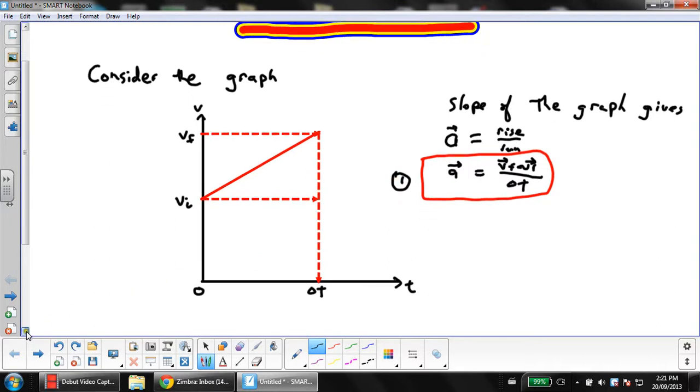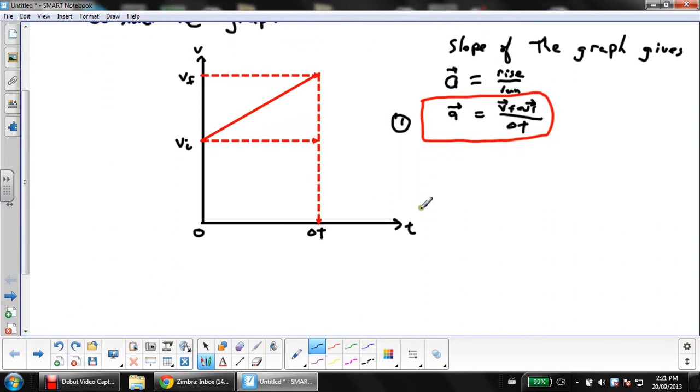All right. What other information can I get from a VT graph? From our last video, we know that the area under the graph gives displacement.